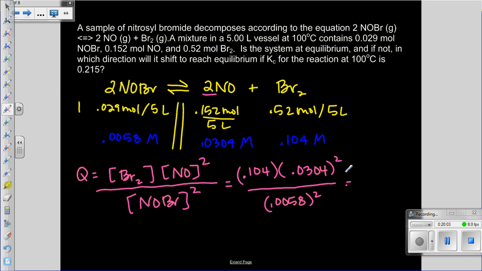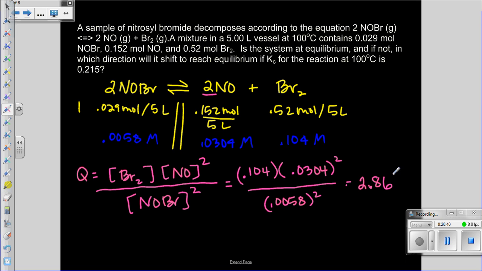So 0.104 times 0.0304 squared, and then I'm dividing that quantity by 0.0058 squared, and I get 2.857. I don't know why I changed it to that, because this was 7. I think I meant 2.86.